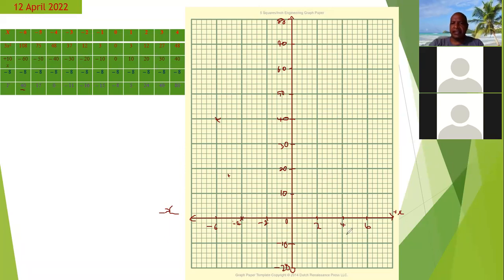The next one gives us negative 3 and y equal to negative 11. Negative 11 would be 1 unit below 10, or one of the tiny boxes below 10. Negative 3 is in between negative 2 and negative 4, so we should be right around here.